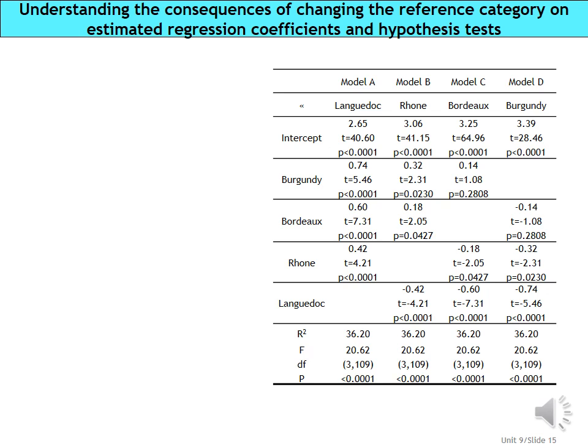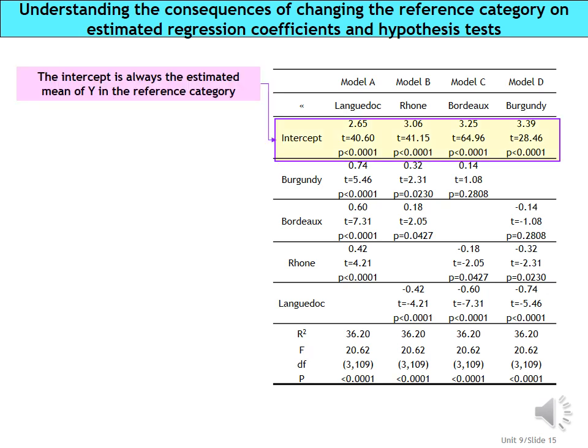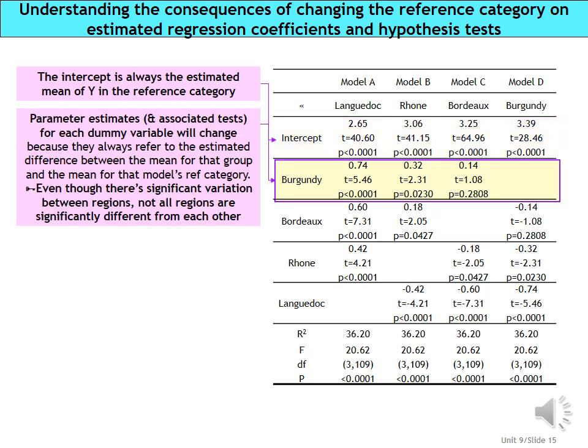Understanding the consequences of changing the reference category on estimated regression coefficients and hypothesis tests. The intercept is always the estimated mean of y in the reference category, whether that's Languedoc, Rhône, Bordeaux, or Burgundy. The parameter estimates and associated tests for each dummy variable will change, because they always refer to the estimated difference between the mean of that group and the reference group.